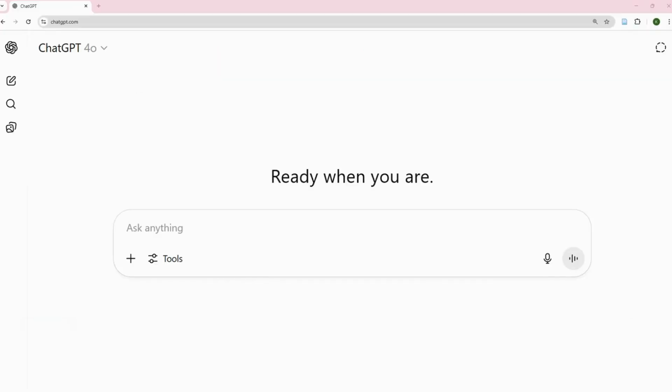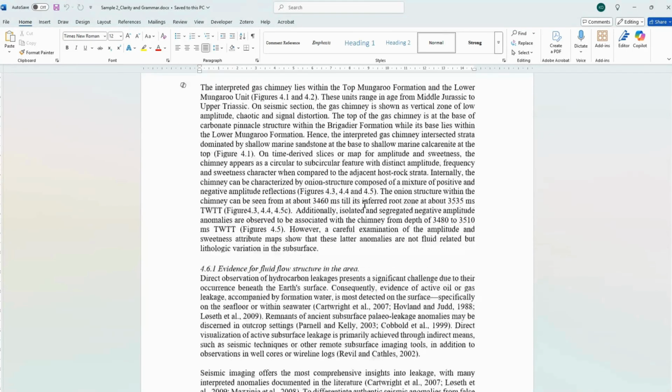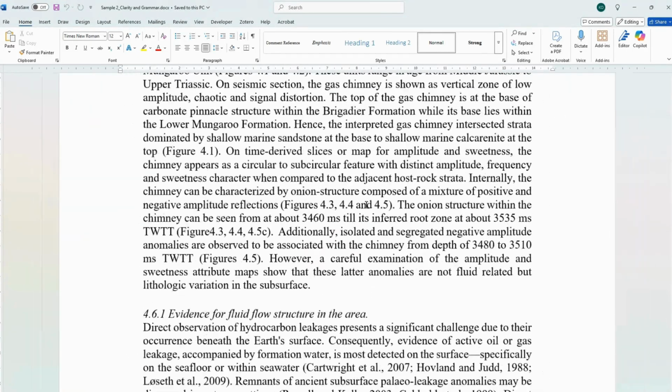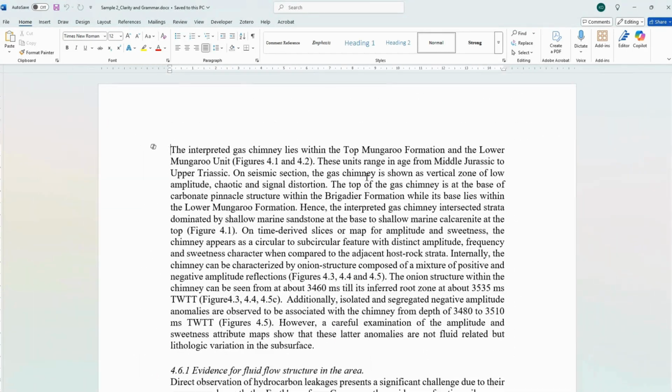So I will need a text to work with. So let's start with one of these texts from my old draft about 5 or 4 years ago.